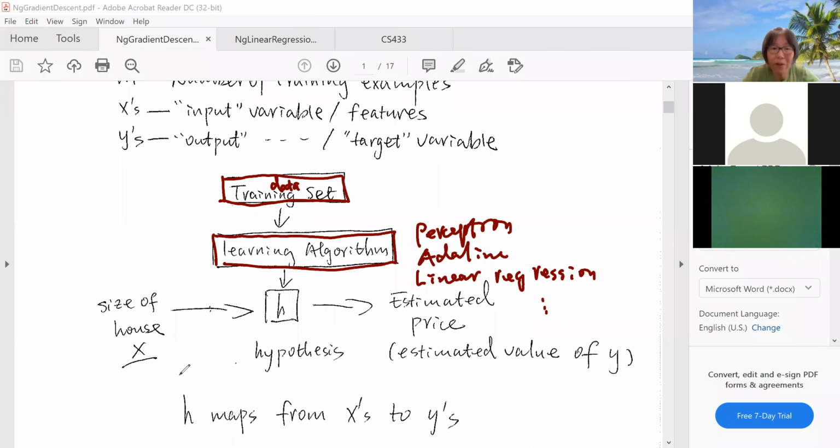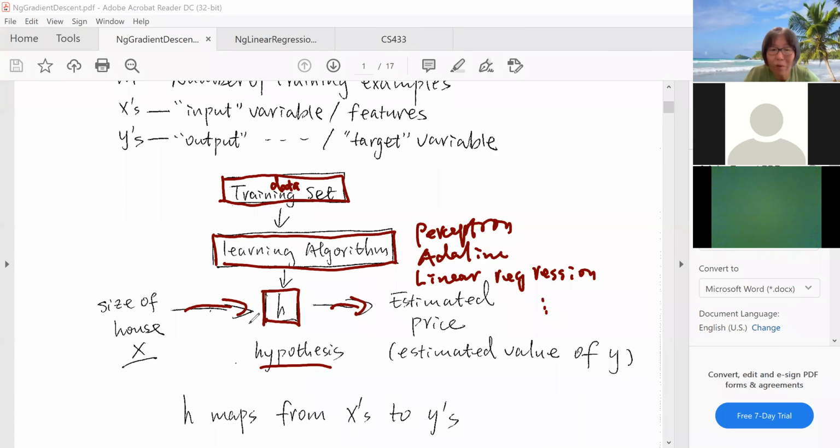The model the learning algorithm produces, we call a hypothesis. So for linear regression, we are going to hold some hypothesis. You have the input, the features, and you apply the learning algorithm to the hypothesis. Then you can estimate and predict something.